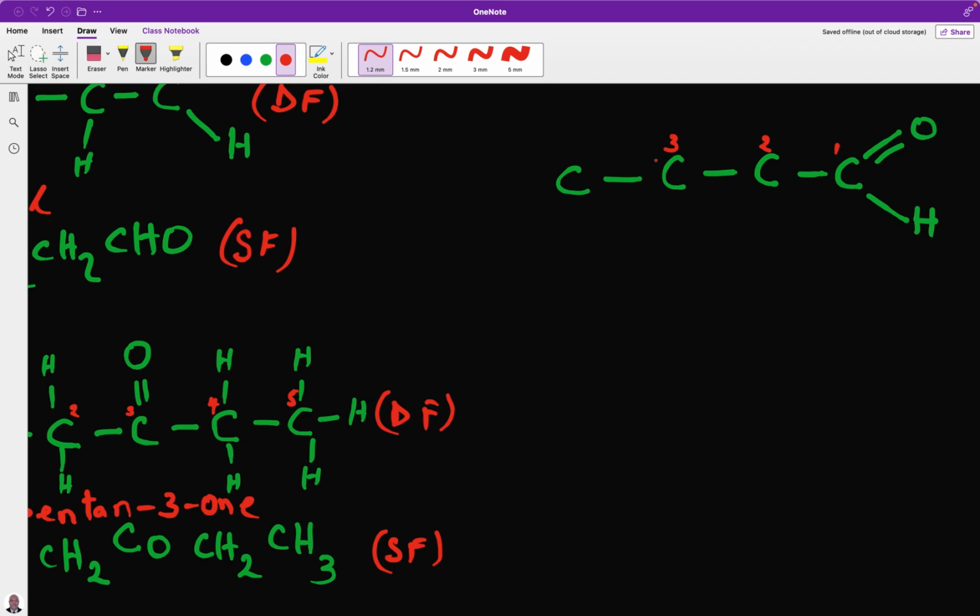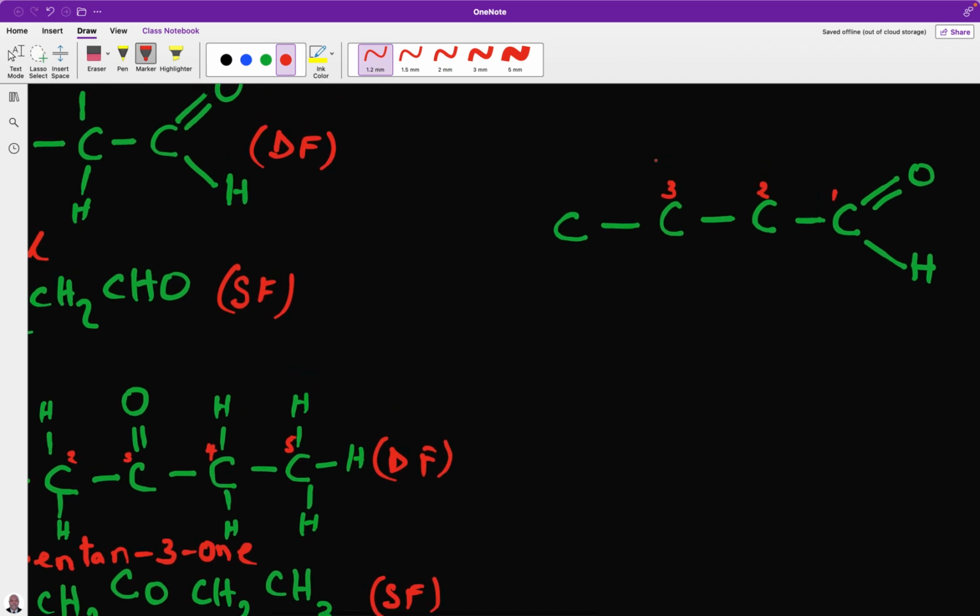In this case, using this naming system, our oxygen will be at this position. I mean the methyl group.